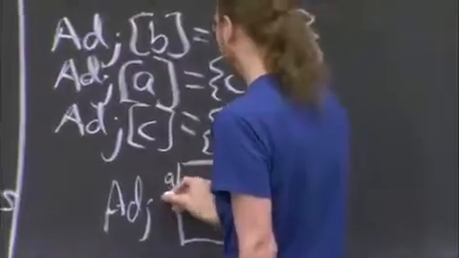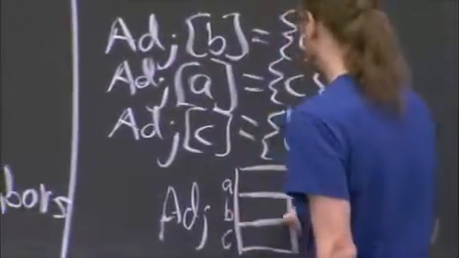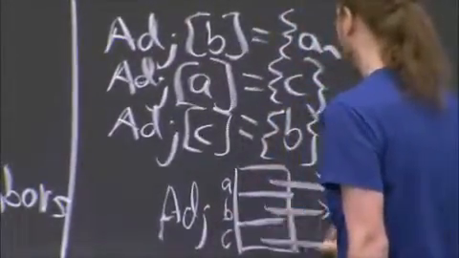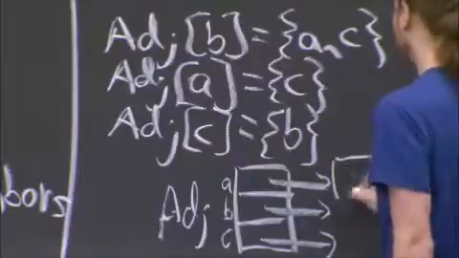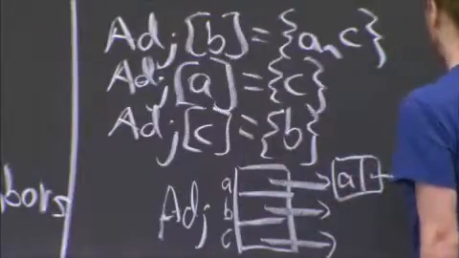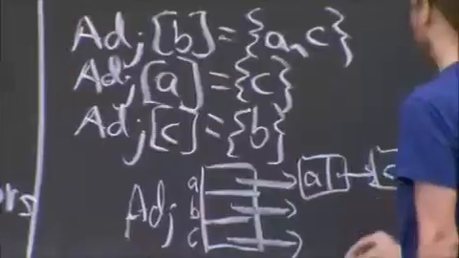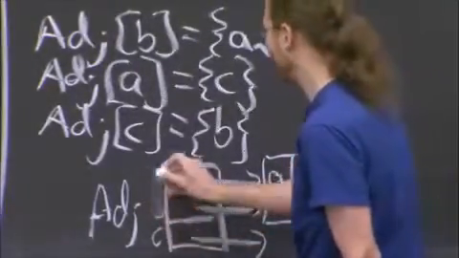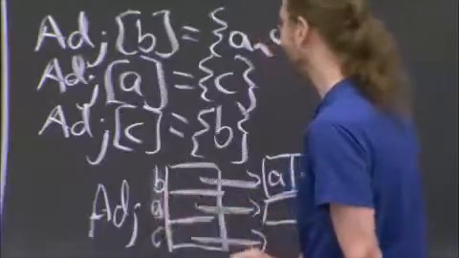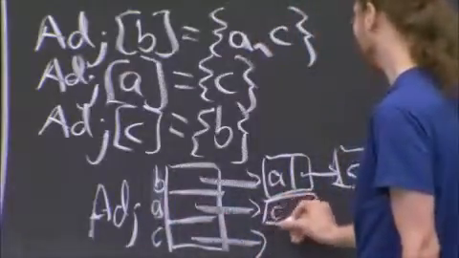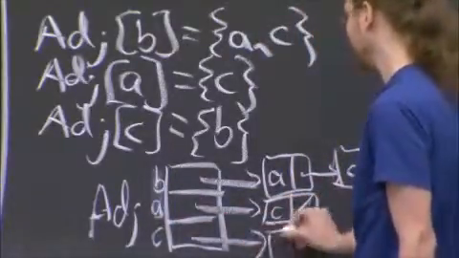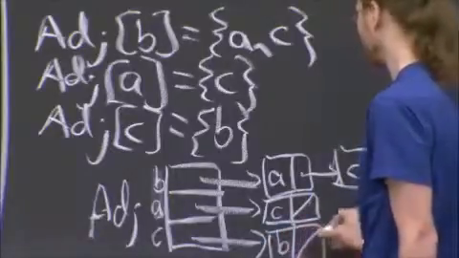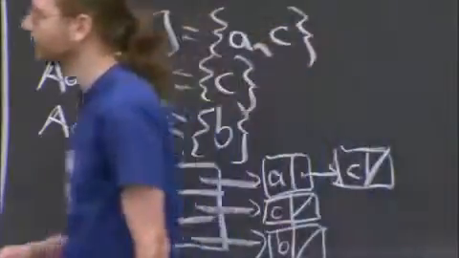So you've got A, B, and C. Each one of them is a pointer to a linked list. This one's actually going to be A, C, and we're done. This one is, oh, sorry, that was B. B, who said it had to be alphabetical order? A is a pointer to C. C is a pointer to B. Okay, that's explicitly how you might represent it.